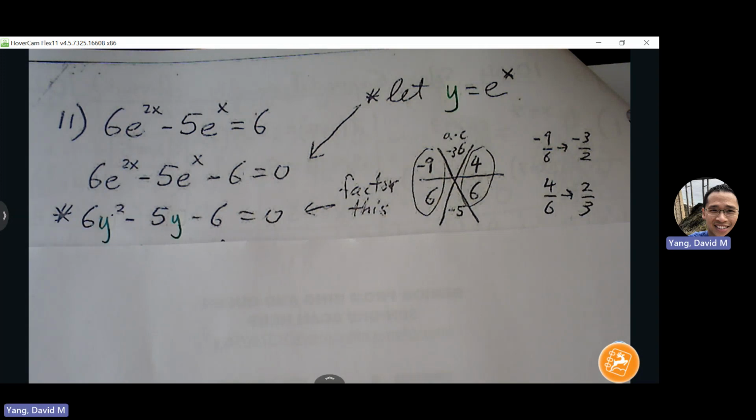It's a little bit easier to see the factoring with the y's than it is with the e to the 2x. So we'll factor an easier problem, and then we'll bring back the original variable. So multiplies to be negative 36, adds up to be negative 5, is negative 9 and 4. We have to reduce with the coefficient of 6, so it's negative 3 halves and 2/3.